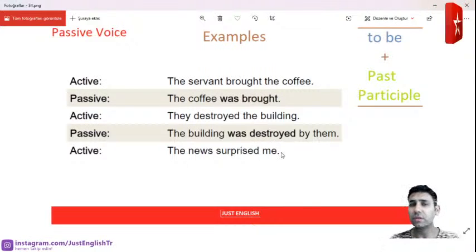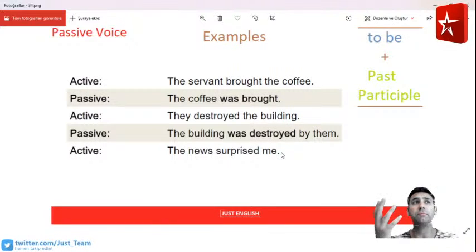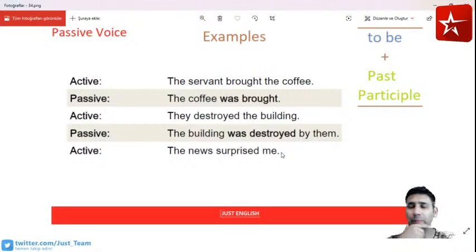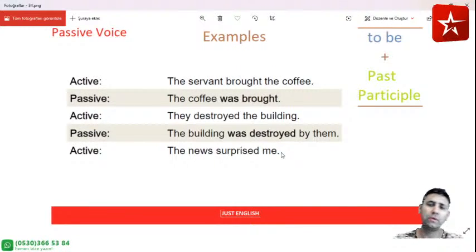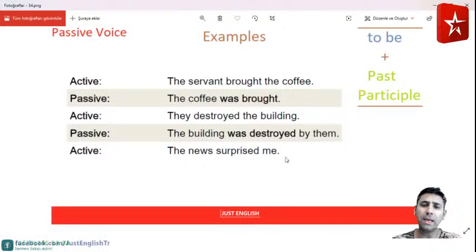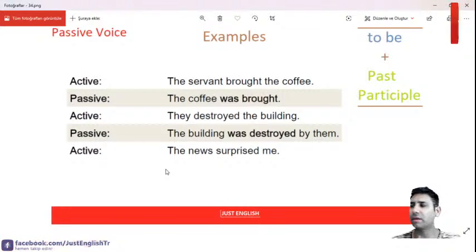So it's a person. It's actually me, right? So what am I going to do now? The news surprised me. Okay, so the object of this sentence is basically, what is that? Which one? This one, right? Me. So I'm going to start with that. Me in the beginning. Okay.